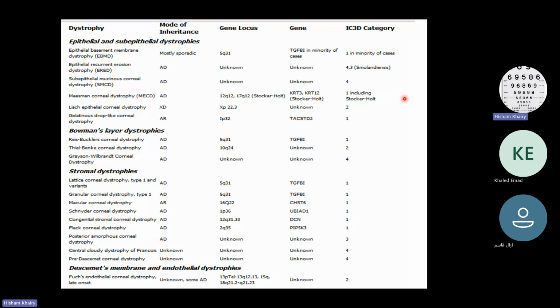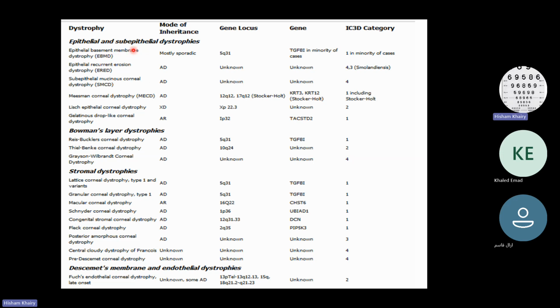Here is a table showing the dystrophy and the classes: the epithelial and subepithelial dystrophies, epithelial basement membrane dystrophy, epithelial recurrent erosions, subepithelial mucinous dystrophy.